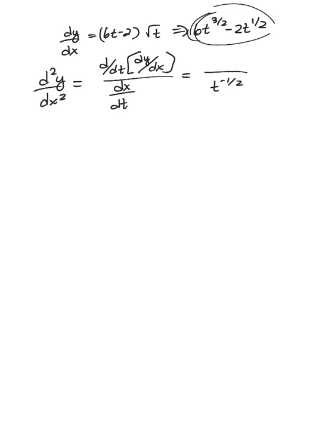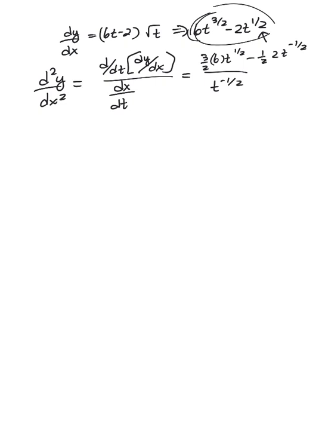Okay, so what's the derivative of dy/dx with respect to t? That's what I'm doing right here. So I bring down 3/2 times 6, subtract off 1. Bring down 1/2 times 2, subtract off 1. All right, let me clean that up.